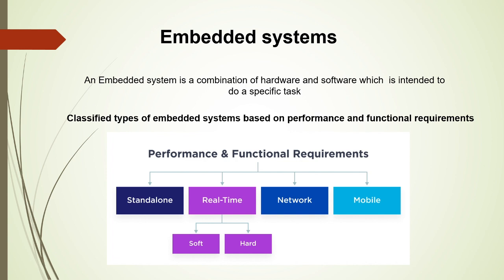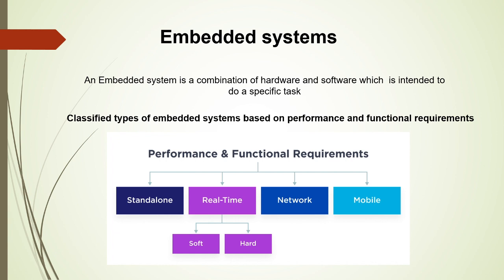It includes a processor, memory, and input output, and is often used in real-time applications such as washing machines, ATMs, microwave ovens, and smart TVs. Nowadays, we are using embedded systems in most real-time applications.